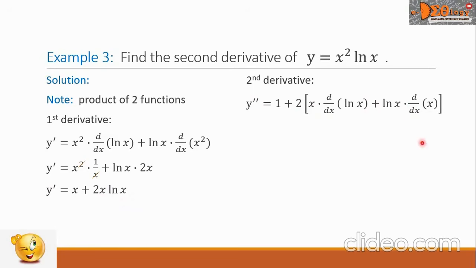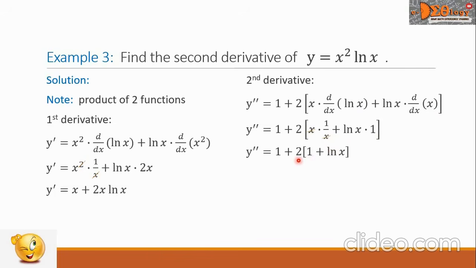Simplifying now the derivatives respectively, the derivative of ln x is now 1 over x. The derivative of x is 1. We can see in this portion that x times 1 over x, we can cancel those x, so it will be equal to 1.